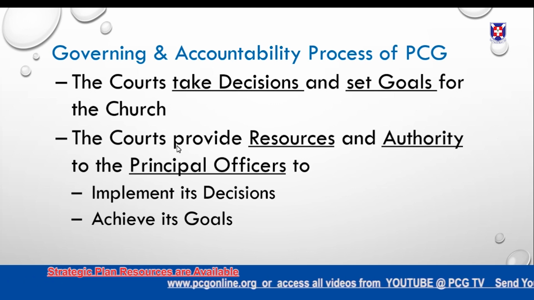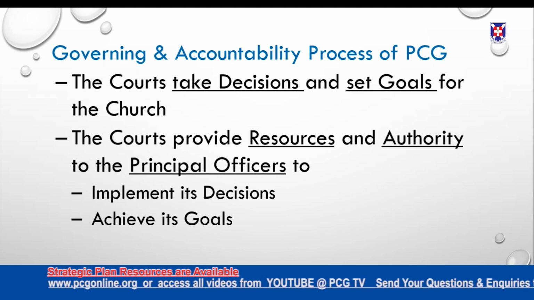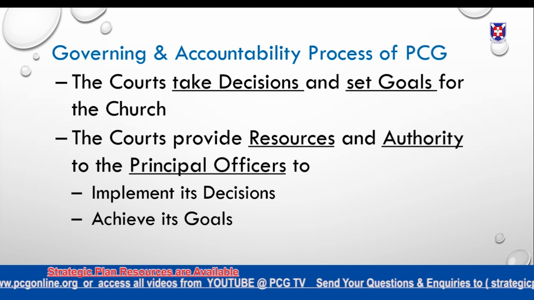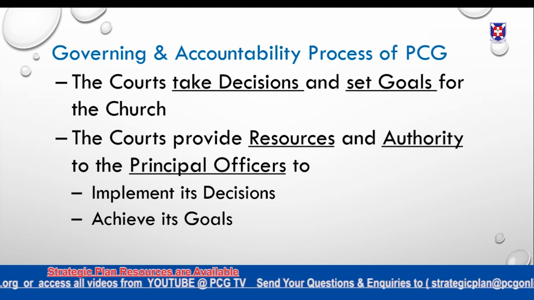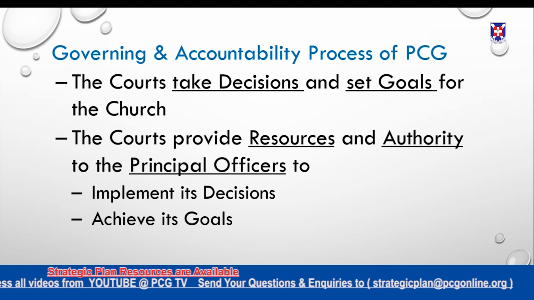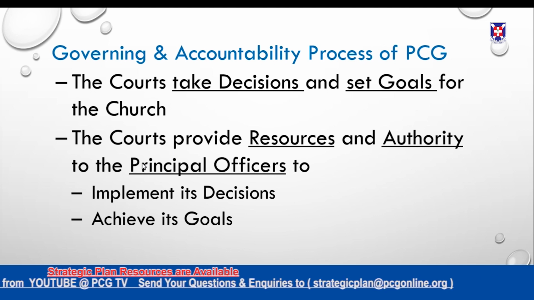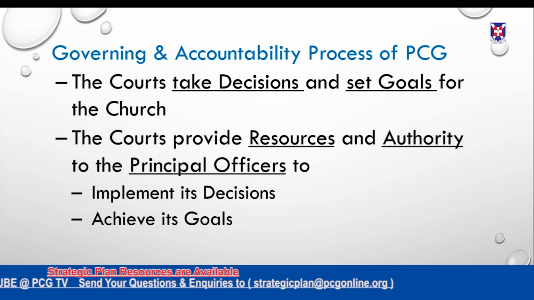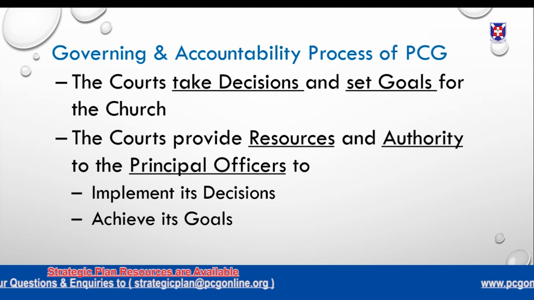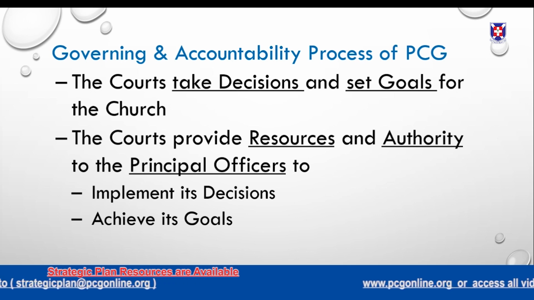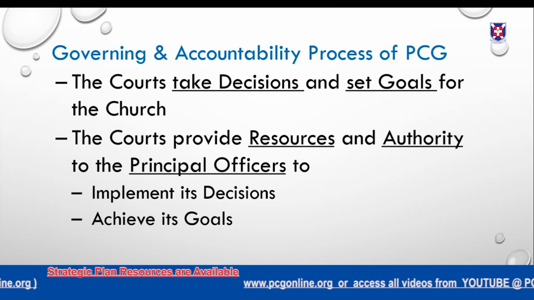The courts also go ahead to provide the resources and authority to the principal officers to implement its decisions and achieve its goals. So when the court says, we've taken a decision, we've set goals, then they also approve a budget and then approve a constitution which gives authority to the principal officers and says that you can do A, B, C, or D. You have the power to act in our name in doing so many things.